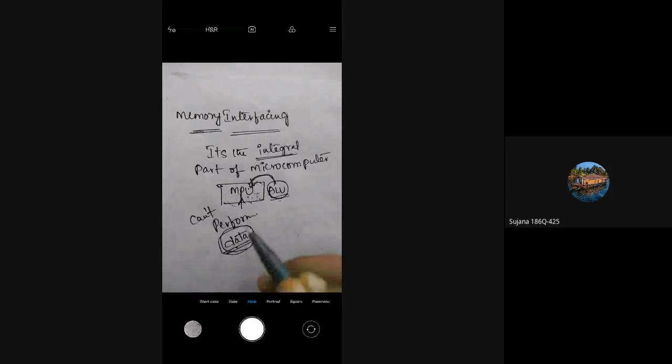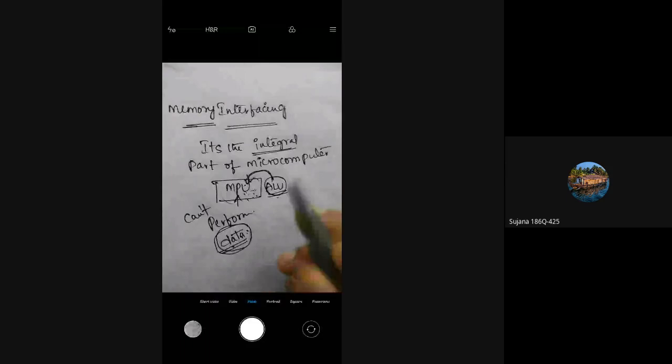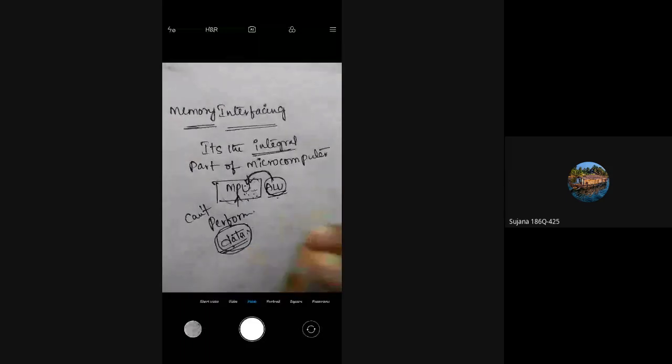So data is mainly required in order to produce a result for a particular operation by this microprocessor unit.